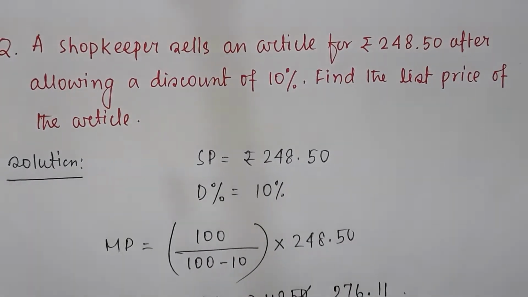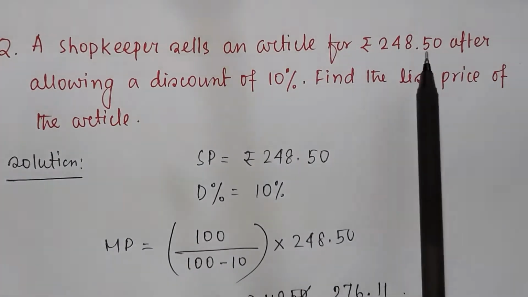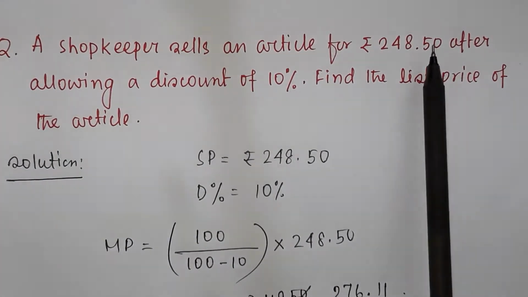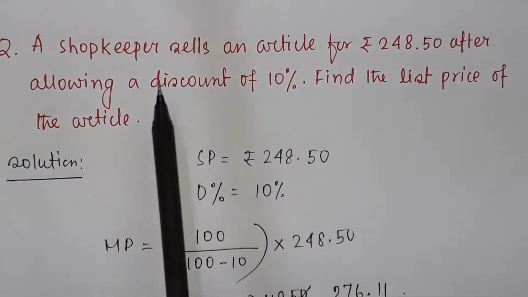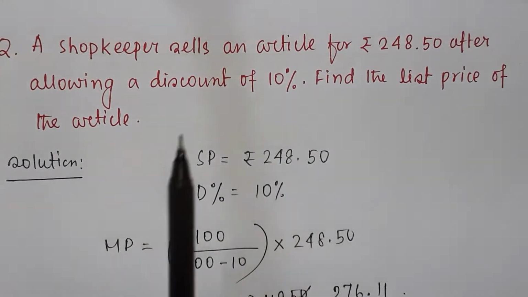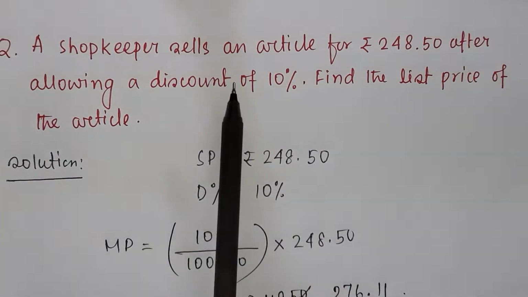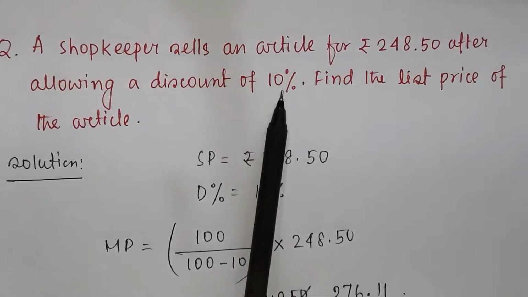Let us discuss the next problem. A shopkeeper sells an article for rupees 248.50 after allowing a discount of 10%. That means whatever the marked price, on that marked price the shopkeeper allows a discount of 10%.